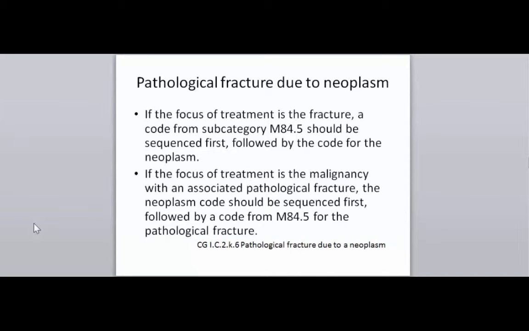But if your focus of treatment is the malignancy itself with an associated fracture, you're going to code the cancer diagnosis first and then the M84.5 as the secondary diagnosis. This is a coding guideline that often comes up when you're coding malignancies because of how common it is for the patient to have breaks or fractures because of bones weakening, typically due to bone cancer.